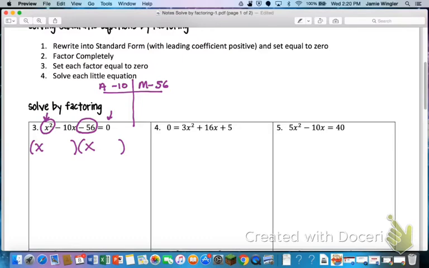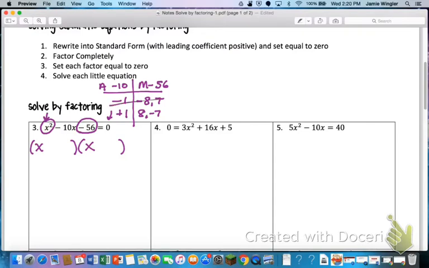So, negative 56 could be negative 8 and positive 7, but that adds to give us negative 1, so that one doesn't work. It could be positive 8 and negative 7, but that adds to give us positive 1, so that one's not going to work.